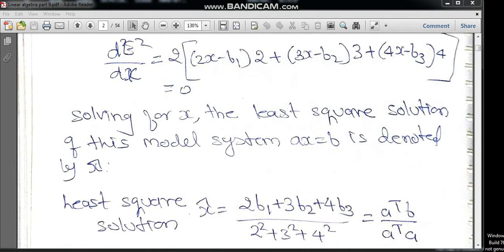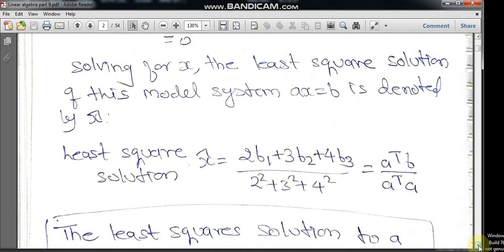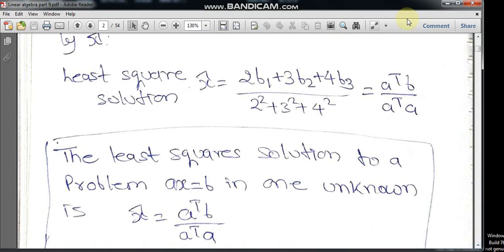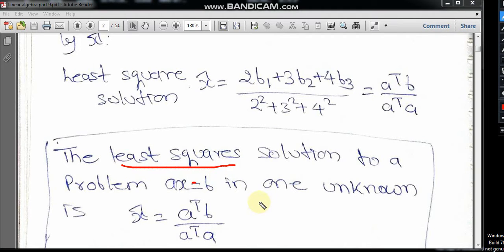This is the solution when we have a single variable. I showed you the example. So this is the least square method, the solution in one unknown.